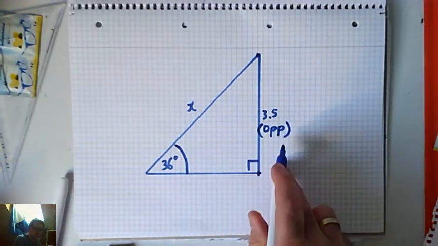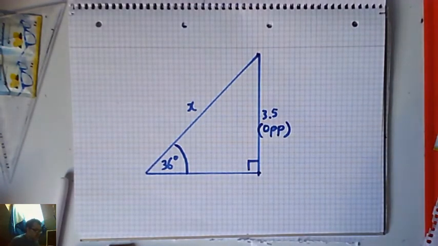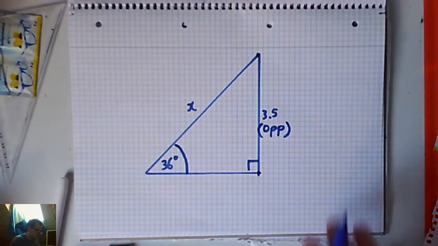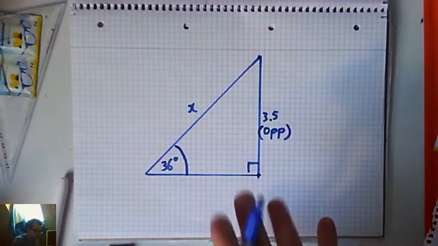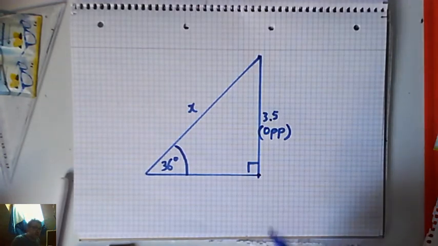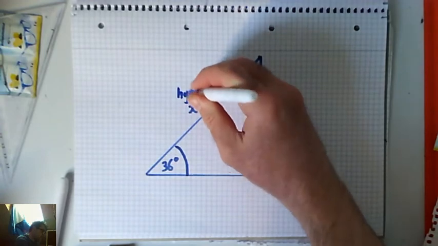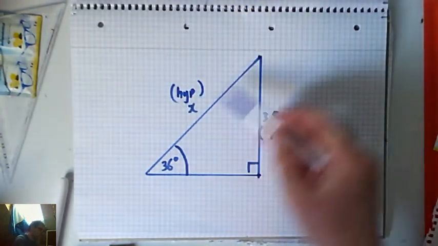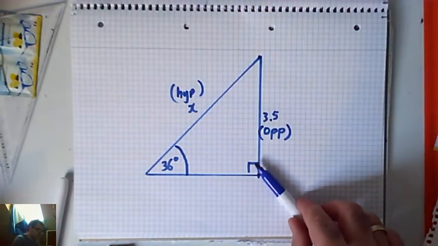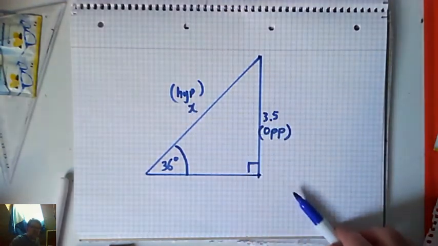So 3.5, I think it's centimeters, but the units don't matter so much because they're already on the iMaths thing anyway, so you just fill in the numerical answer. The x is the hypotenuse. It's the longest side, not just because it looks the longest, but for the concrete reason that it's opposite to the 90-degree angle.